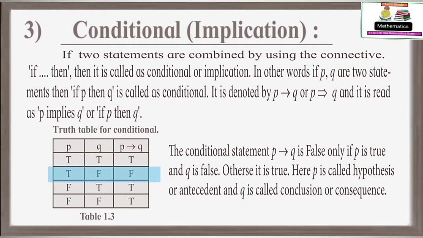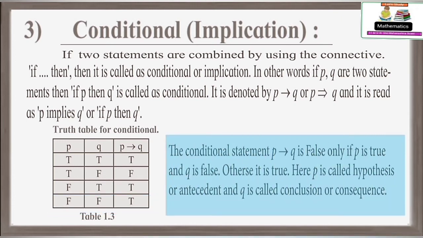Second, if P is true and Q is false, then P conditional Q is false. Third, if P is false and Q is true, then P conditional Q is true. And last, if P is false and Q is false, then P conditional Q is true. Remember this sentence: the conditional statement P implies Q is false only if P is true and Q is false.